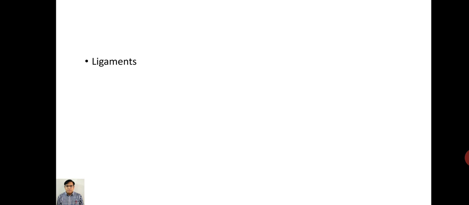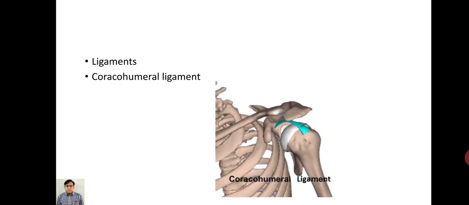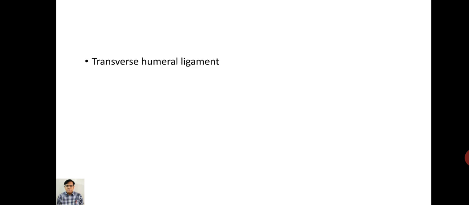Now the ligaments. First is the coracohumeral ligament. This is the diagram showing the coracohumeral ligament. The green structure is the coracohumeral ligament, which is attached to the humerus near the greater tubercle. Now the transverse humeral ligament.